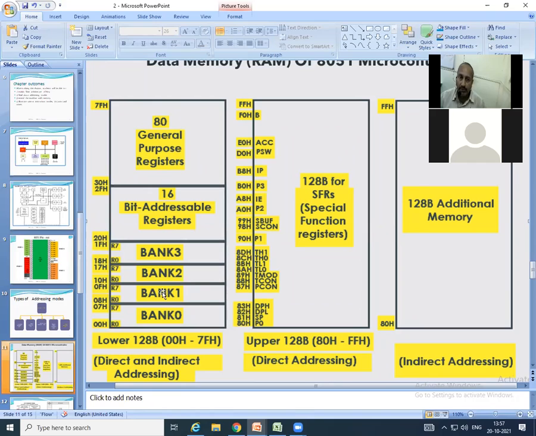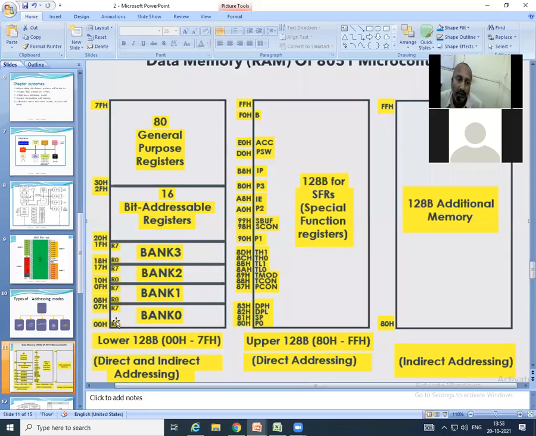So bank 0, bank 1, bank 2, bank 3, they are the register groups. Bank means collectively it is called a bank, nothing else or different. And each bank has 8 registers. In an MCQ that can be asked.